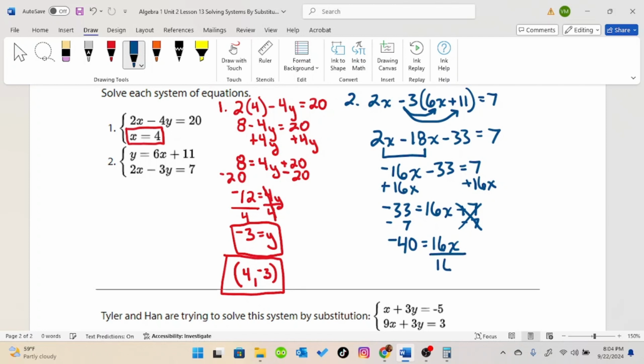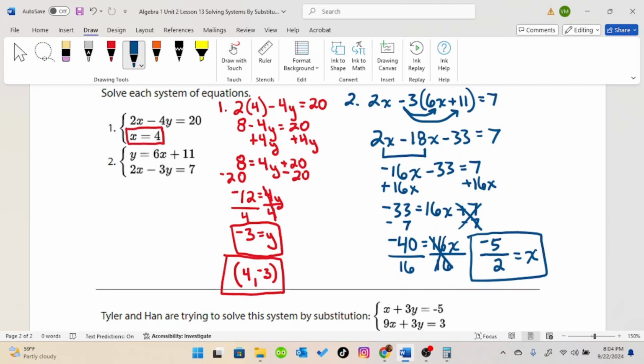Finally, we divide both sides by 16 to get rid of it on the right, and we can simplify this. 8 goes into negative 40 negative 5 times, and 8 goes into 16 2 times. So x equals negative 5 halves.